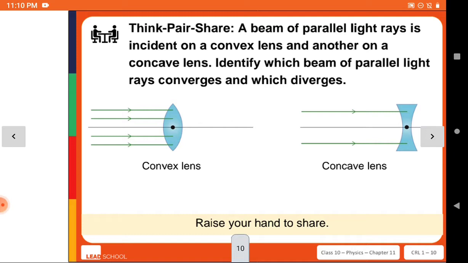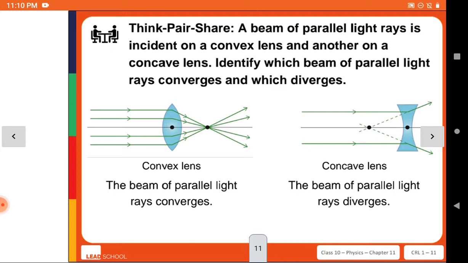Because a converging lens is known as a convex lens and a diverging lens is a concave lens. So these are two spherical lenses. How a convex lens looks and how a concave lens looks is shown in this figure.